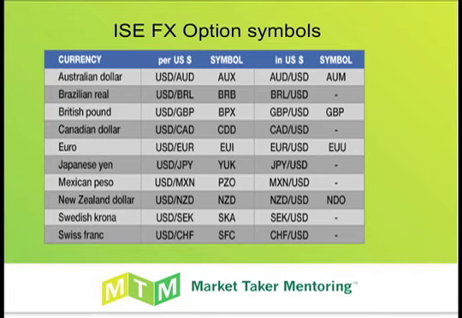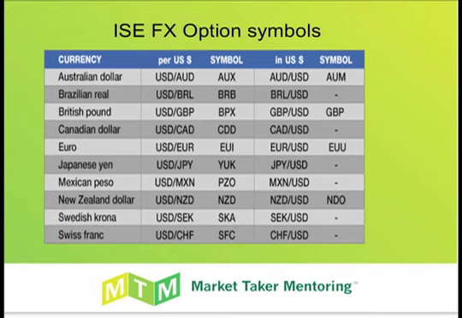The ICFX option symbols: we have many different pairs, whether it's the Australian dollar, the Brazilian real, British pound, Canadian dollar, euro, yen, Mexican peso, New Zealand dollar, Swedish krona, and the Swiss franc. We also offer a couple of them, the Australian dollar, British pound, euro, and New Zealand dollar, in both dollar quote and dollar base convention.